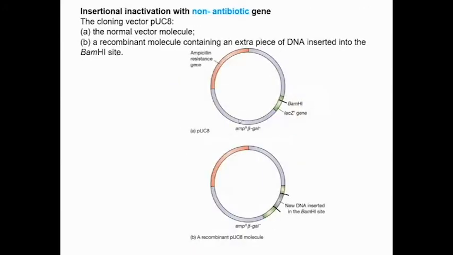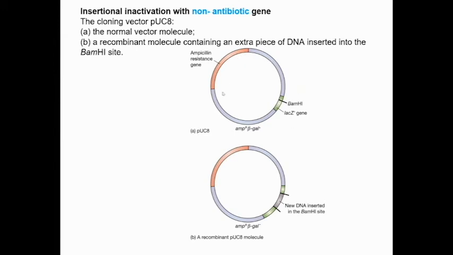For this procedure, in the beginning, you mix the pUC8 vector with the DNA of interest, after the ligation. So you will have two groups of vector plasmid.